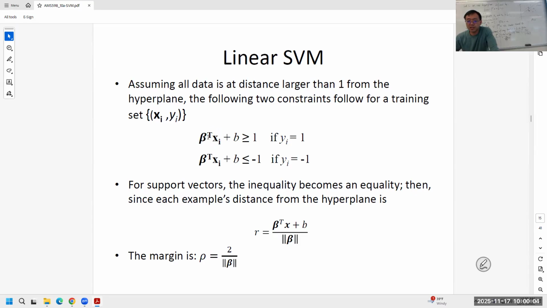Now we relate beta with rho. So what is the goal? What is our problem here? We define the margin, and what do we try to do? We try to maximize it. So our goal is to maximize our margin.